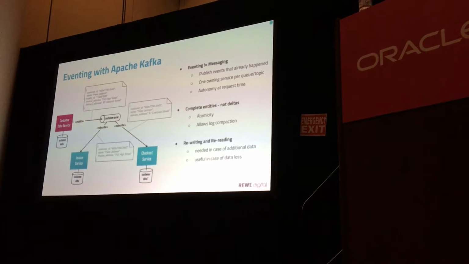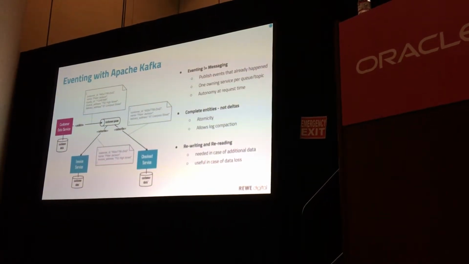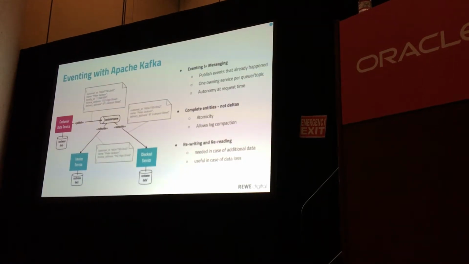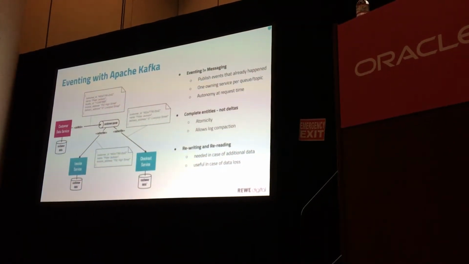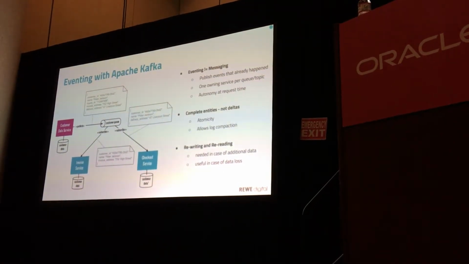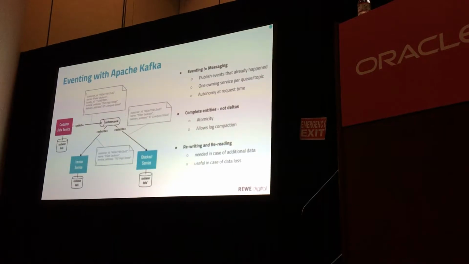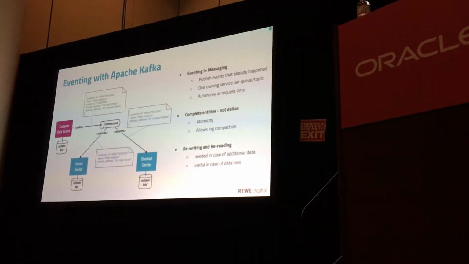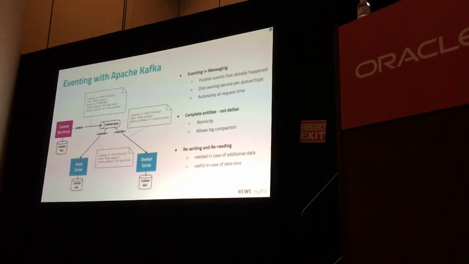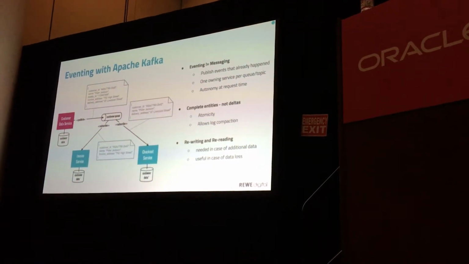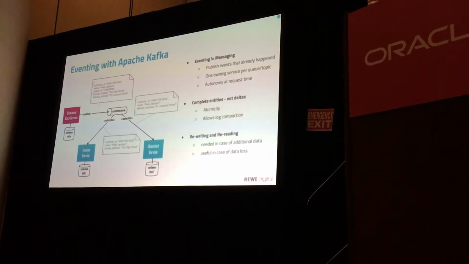And what's different here from event sourcing is that we always publish complete entities and not deltas. So if one customer makes an update, we provide a new version of this data record to the queue, and later we can delete the first one because there's no information in there that we need, and this is called log compaction in Kafka.